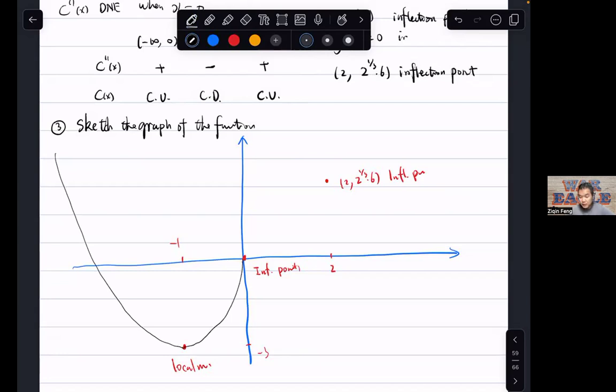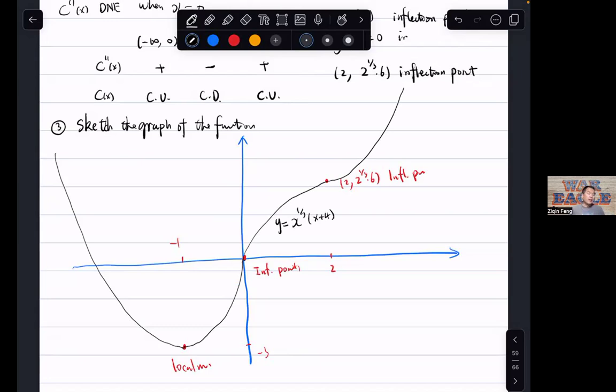On the right side of 0, still increasing, but concave downward. On the right side of 2, still increasing, and the function is concave upward. So that's the graph of this function, y equals x to the 1/3 times (x plus 4), right?